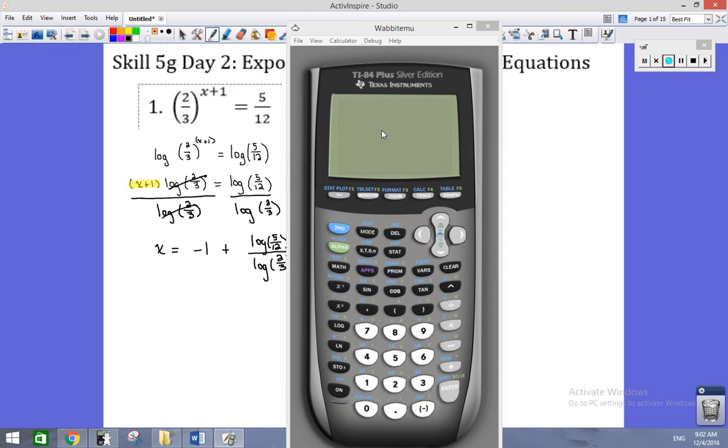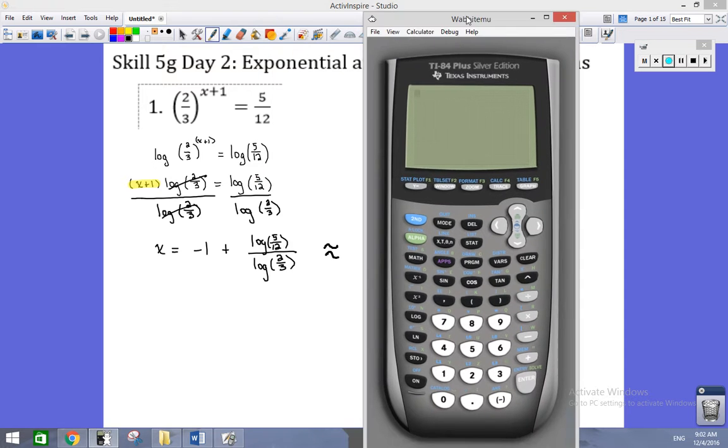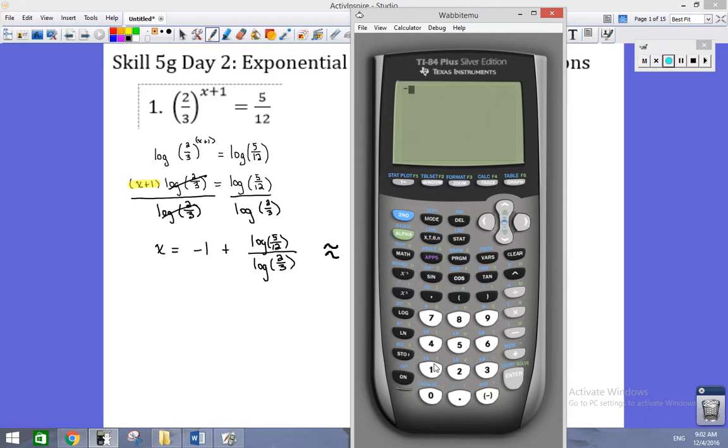Okay, so let's jump in, pull in the calculator, go back to my problem where I can see what I've got. So I've got this logarithm of 5 over 12. Now you must close your parenthesis there, and then divided by the log of 2/3. It's forgiving for this last parenthesis, but I do it out of habit.